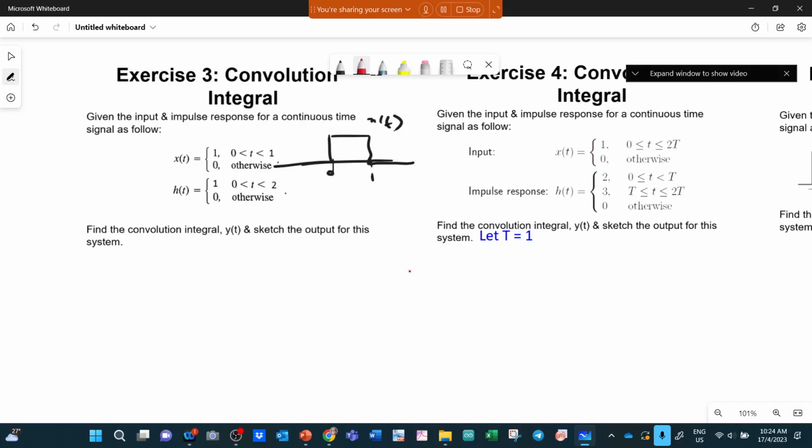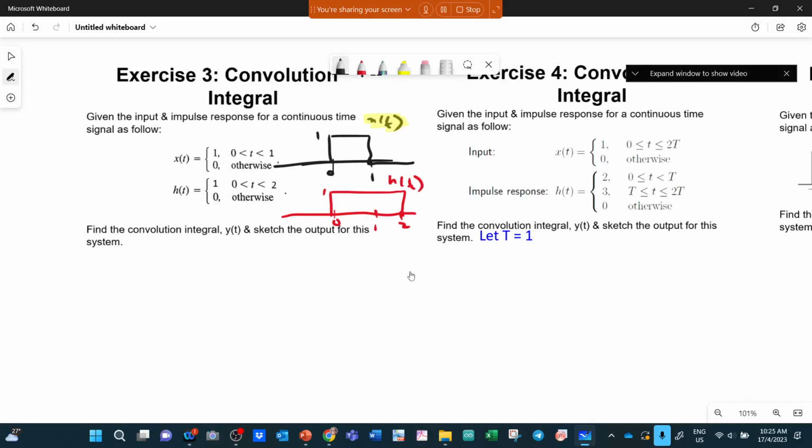Another signal is between 0 to 2, the amplitude is 1. So between this signal h(t), which one is more simple? X ke H? X lah. Dia punya time pendek, lepas tu same amplitude, X.